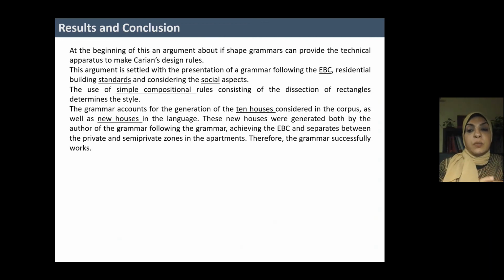These new houses are generated by the authors of this paper from the grammar to achieve the Egyptian building code, and separate between the private and semi-private zones, which is considered a common mistake in the currently advertised apartments in Egypt. Therefore, these grammatical rules can be derivated successfully.